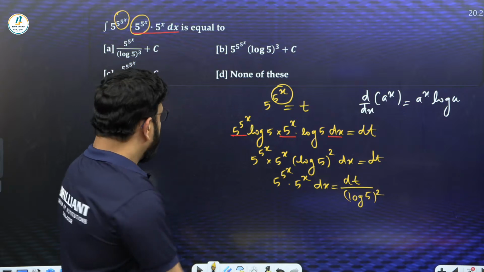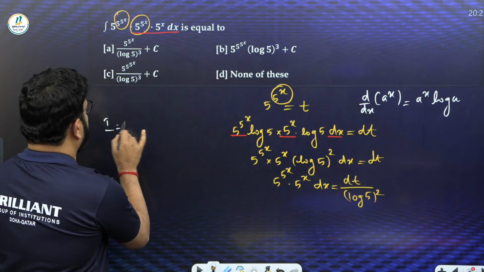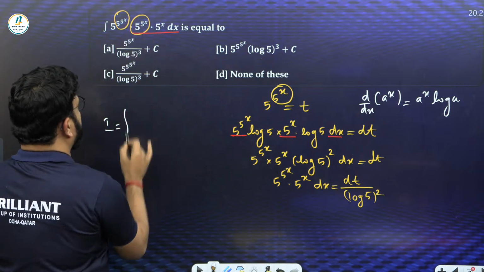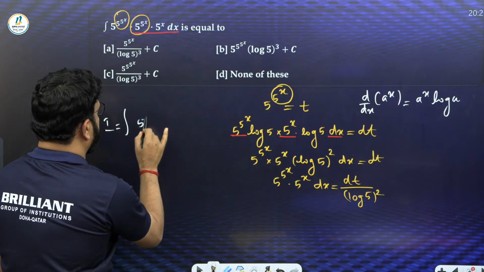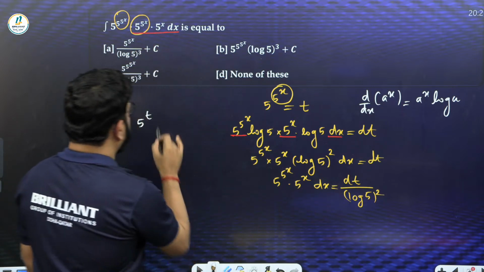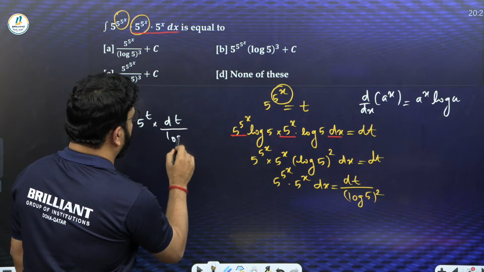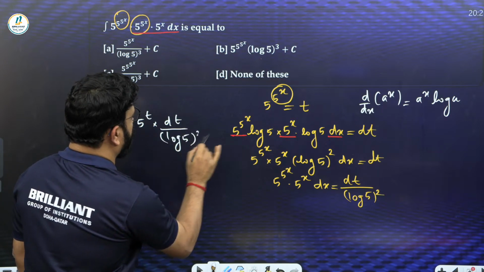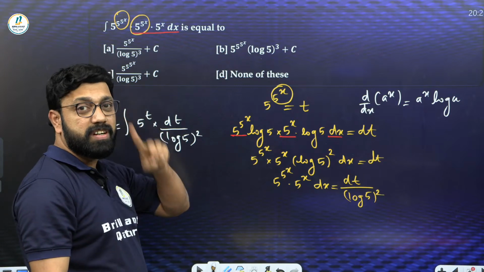Now we can take the integral here. Integral equal to 5 raised to 5 raised to x, 5 raised to 5 raised to 5 raised to x we can take as 5 raised to t, dt by the remaining part, completely dt by log 5 whole square. Okay, then 5 raised to t we want to integrate once again.